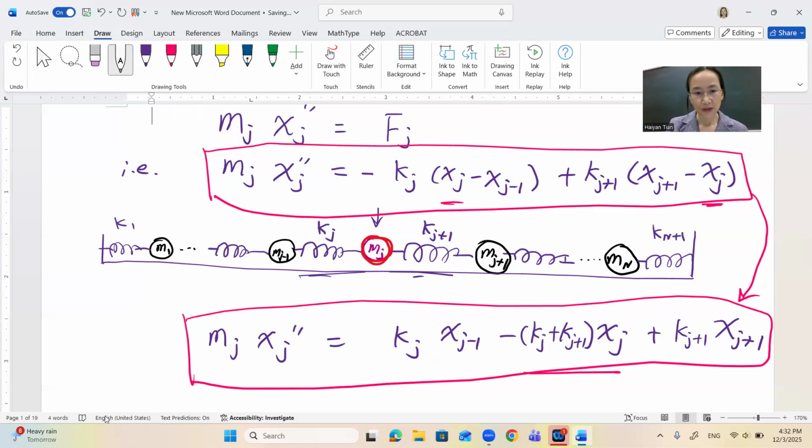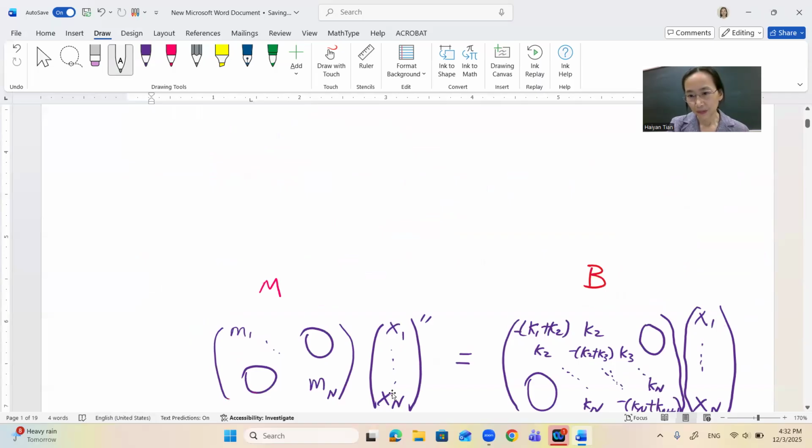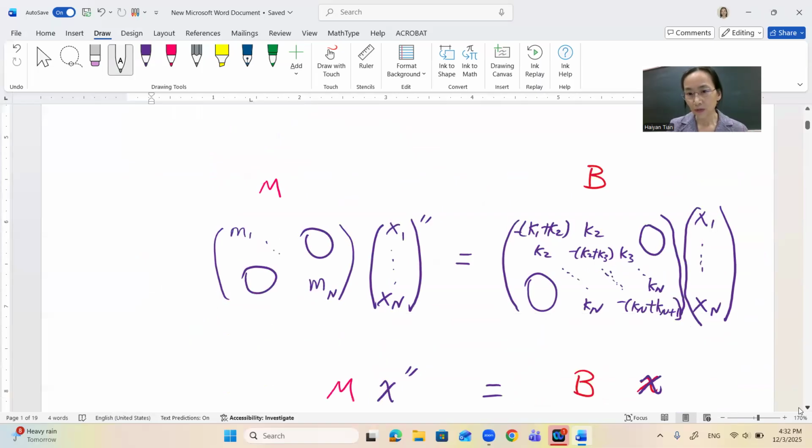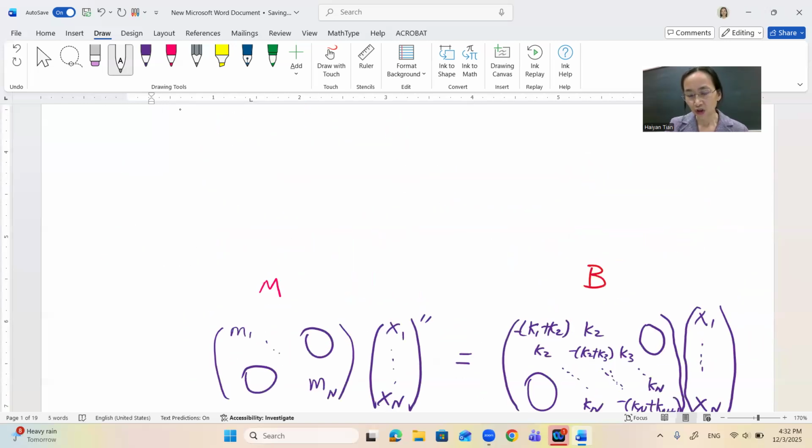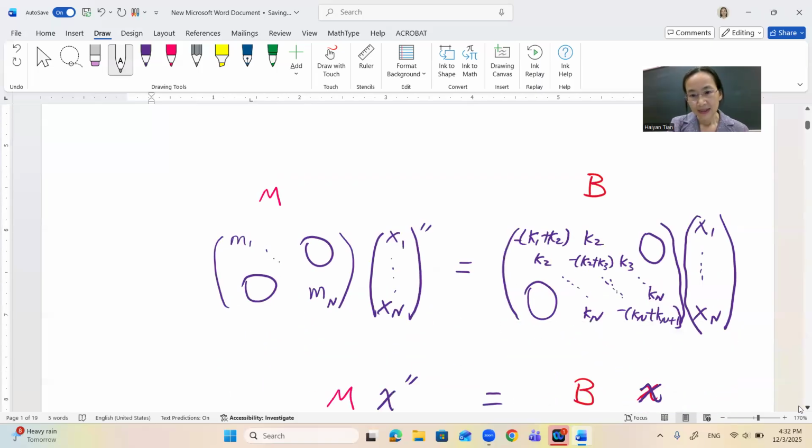Okay, so special case. But anyway, we see that the system is in this form. It's a tridiagonal matrix B, such that X second order derivative equals the tridiagonal matrix B times X. And this is mass.